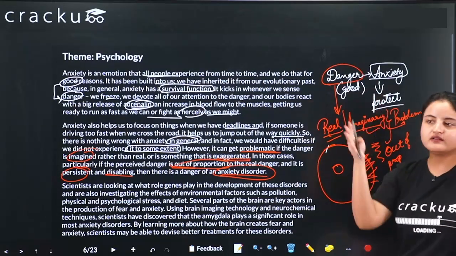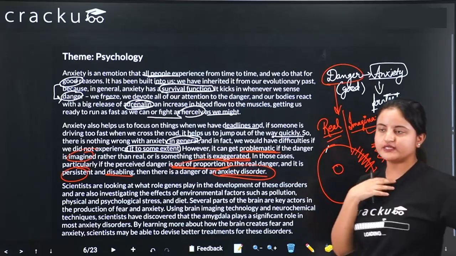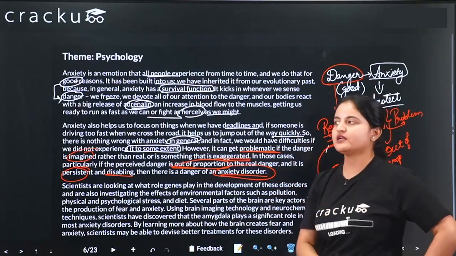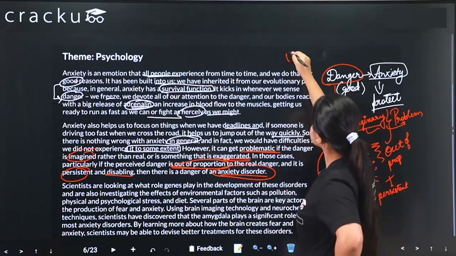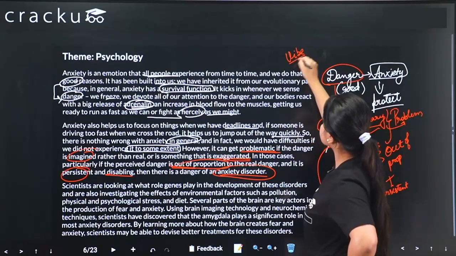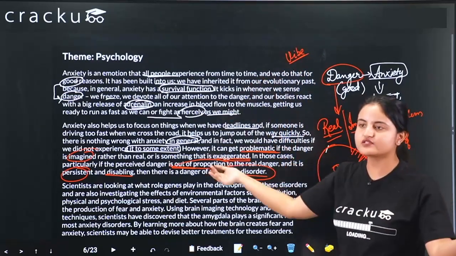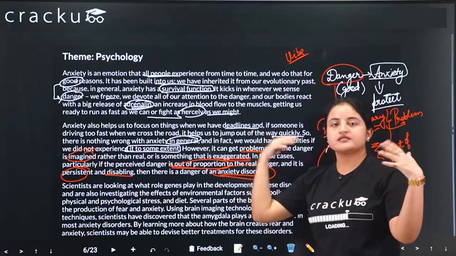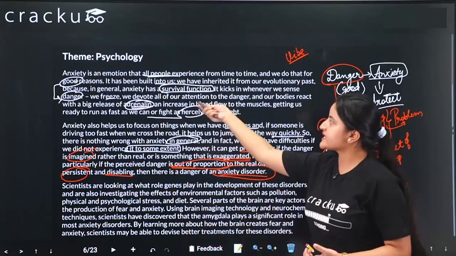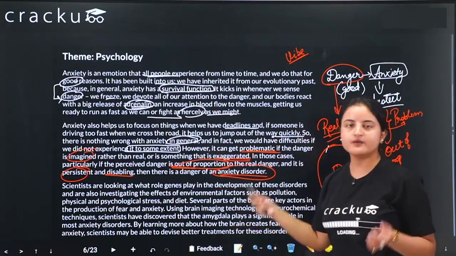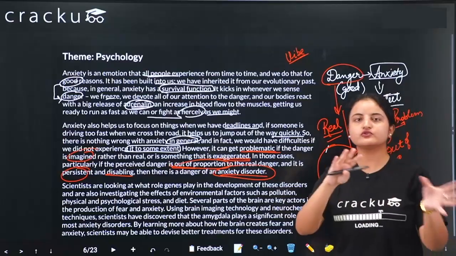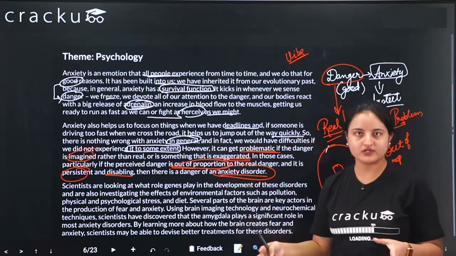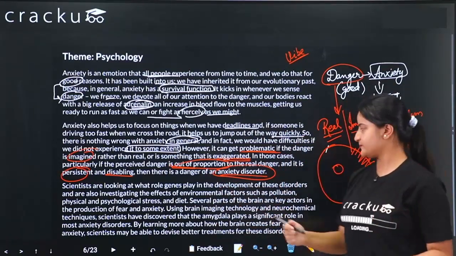So, while we are reading, like I am reading, you are reading with me, we can test the vibe of the situation, right? The author, what is the vibe? The author is trying to pick a common belief that anxiety is supposed to be bad, but it is actually good. And when does it become bad? So the author is trying to present a situation here, trying to explain it.